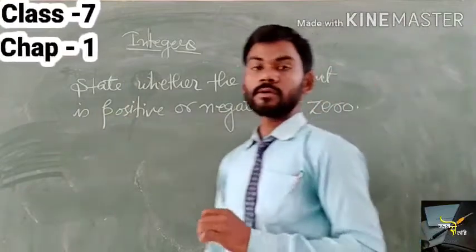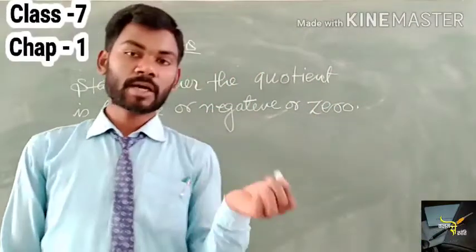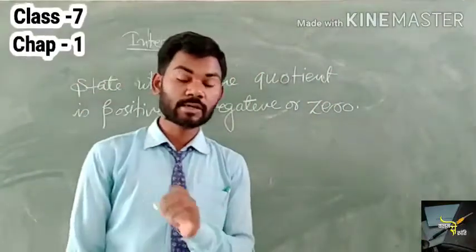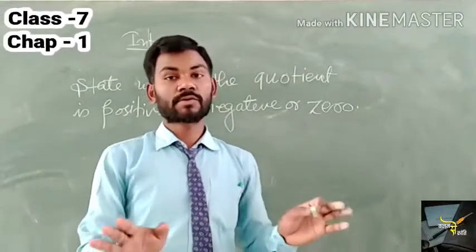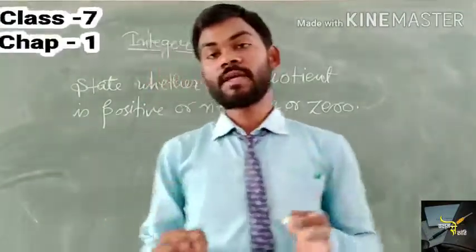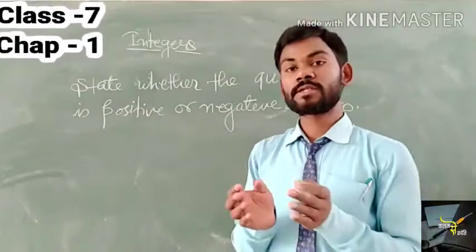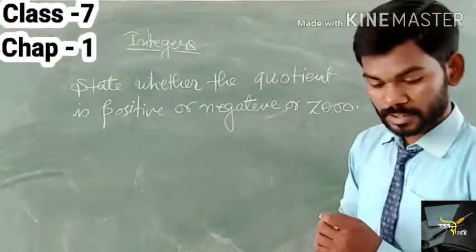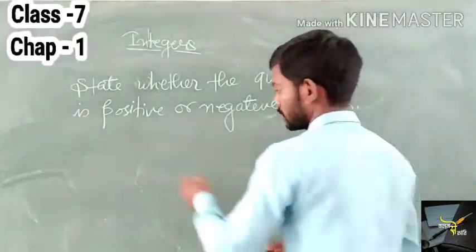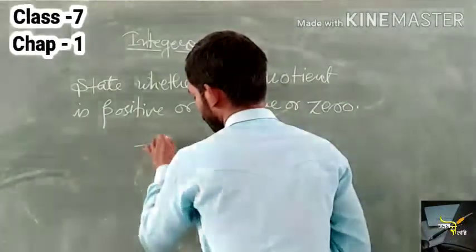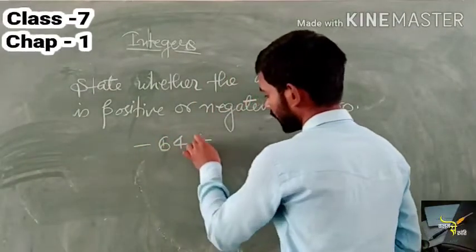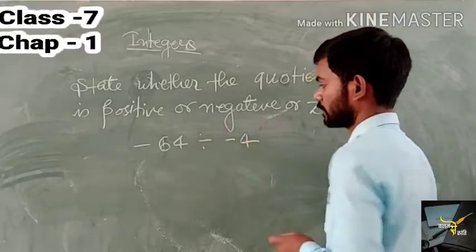In this question we can give the answer by just seeing the question. We can easily justify it at a glance. The first question is minus 64 divided by minus 4.